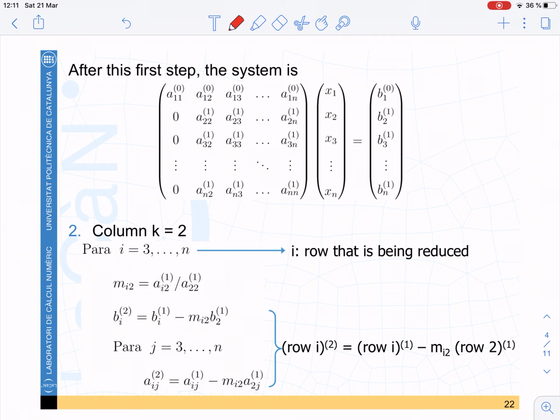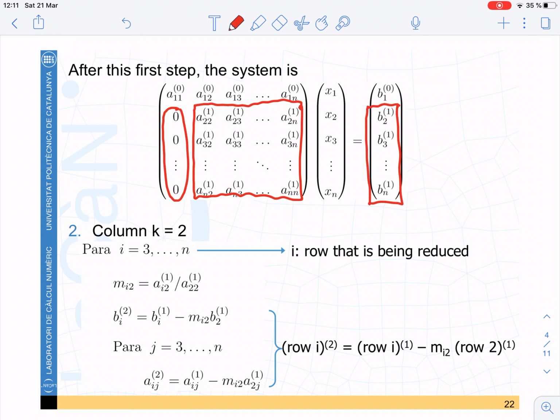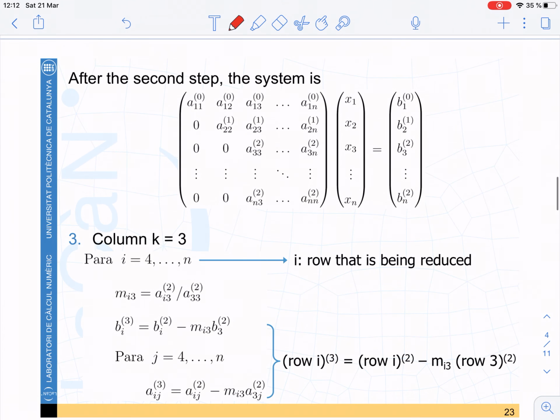After this first elimination step, we have placed zeros here, modified all these entries of matrix A, and all these components of vector b. This superscript 1 denotes that these components have been modified once. We apply the same idea for column k equal 2 and obtain now a matrix that has zeros in the first and in the second column below the main diagonal.